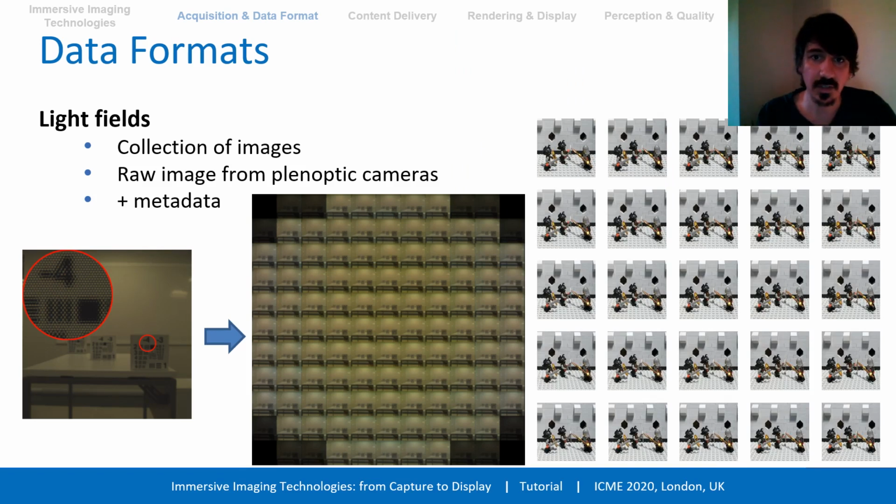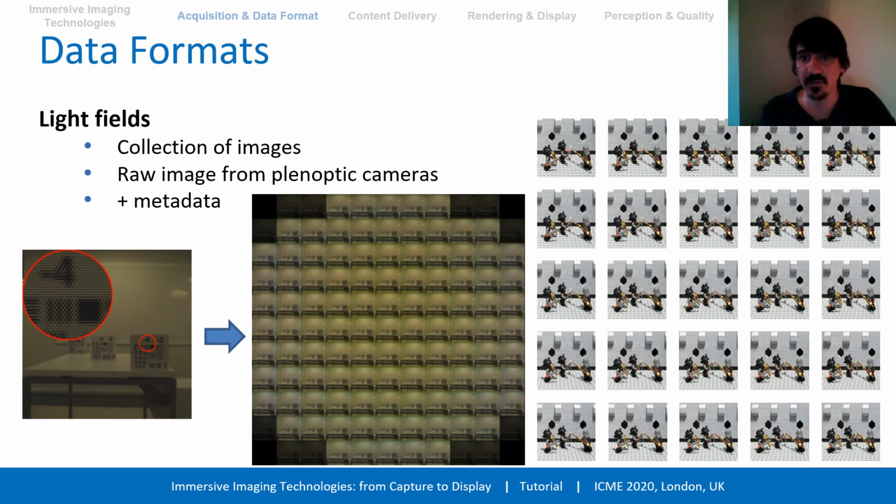By definition, light fields are a collection of images, and the most common representation is to have an image corresponding to each viewpoint, as shown on the right. When captured with a plenoptic camera, it's also possible to use the raw sensor image, but this image can also be rearranged into the multiple viewpoints.